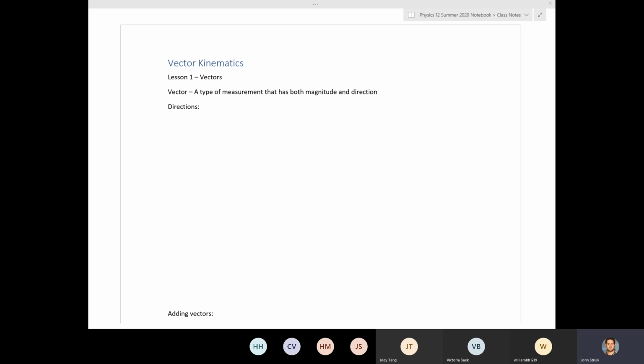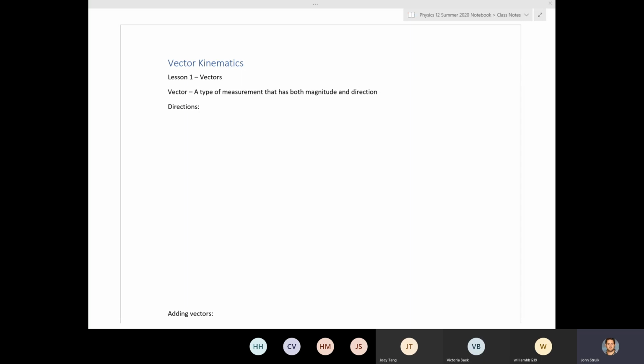This is a pretty important lesson. We asked some college professors, a group of physics teachers, what they wanted their kids to come to university with. And they said the ability to manipulate vectors and draw free body diagrams. Those are the two most important things. So that's why we're dealing with this.